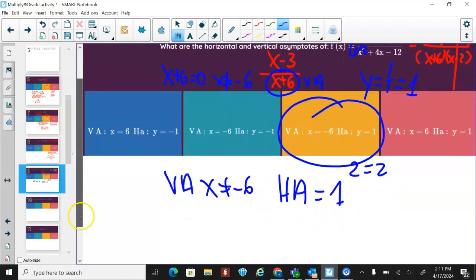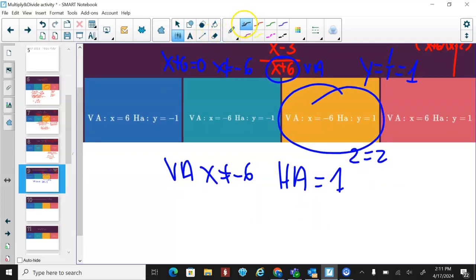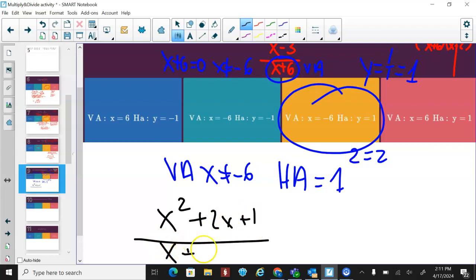And just a quick reminder, for the horizontal asymptote, let's just say x squared plus 2x plus 1 over x plus 6, if the x on the top is greater, more x's on the top than on the bottom, so 2 is more than 1, there is no horizontal asymptote, okay?